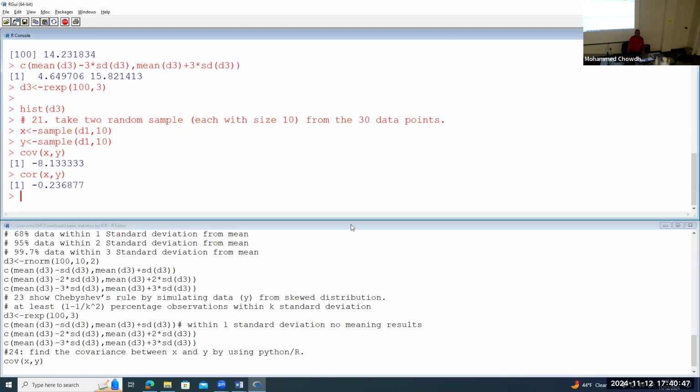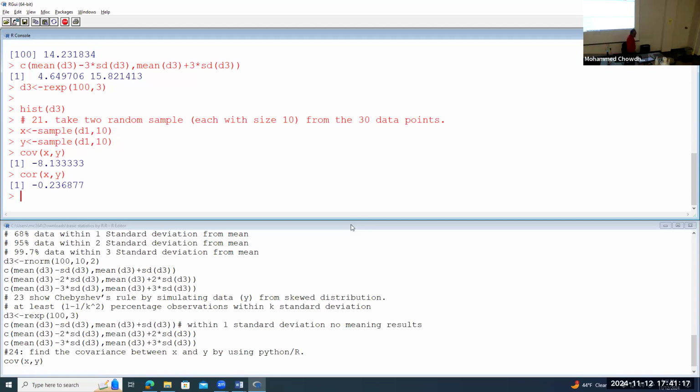Correlation -1 means perfectly negatively correlated: one increases, another decreases. Correlation +1 means one increases, another also increases, perfectly. Correlation 0.90 means highly positively correlated. Correlation -0.9 means highly negatively correlated. Okay.